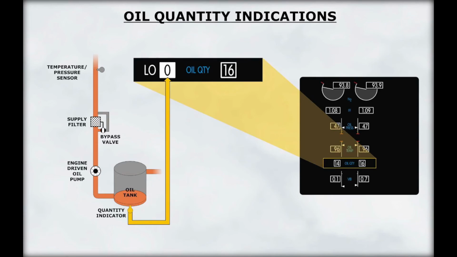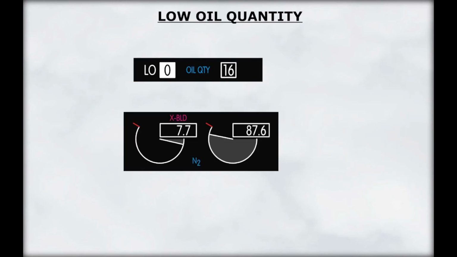When an engine oil quantity is low, the quantity indication will be displayed in reverse video with a low label. You should note that the oil quantity may decrease significantly during engine start, takeoff, and climb out. Oil quantity may be as low as 0 if the windmilling N2 RPM is below approximately 8%.